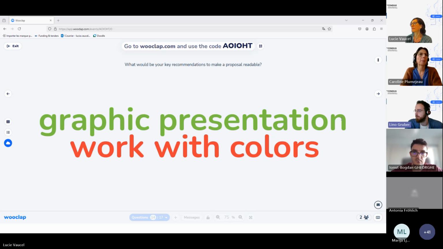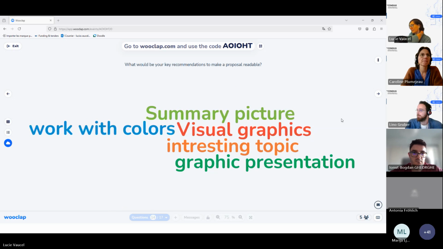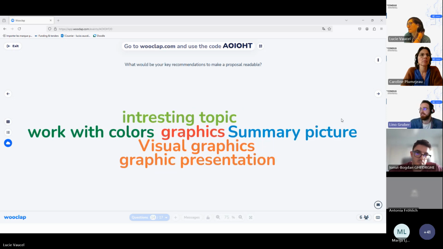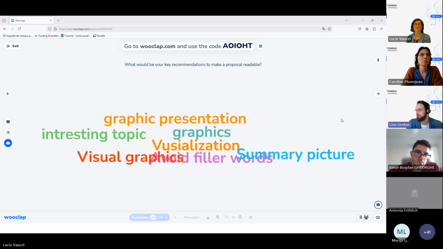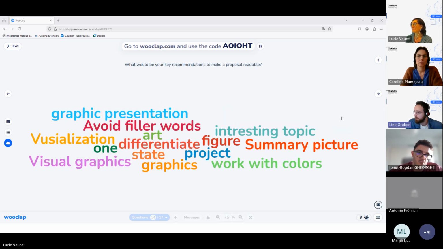Graphic presentation, work with colors. Yeah, two very good points that we will mention, actually. Summary picture, okay. Visual graphics. Interesting topic. Yes, the topic you don't always get to choose, but okay. Visualization, avoid filler words.